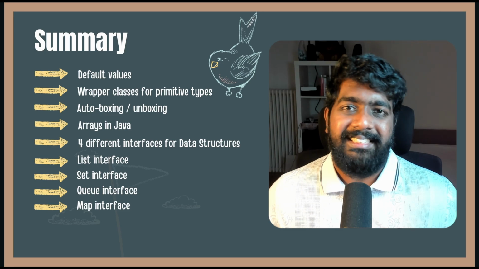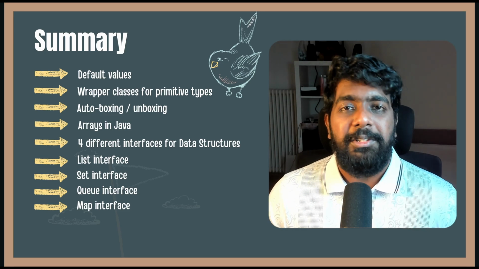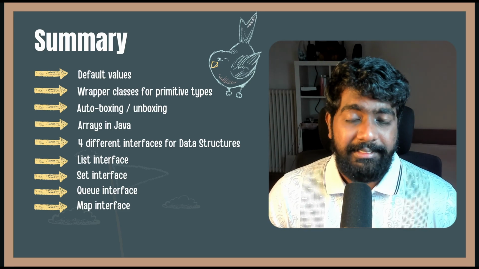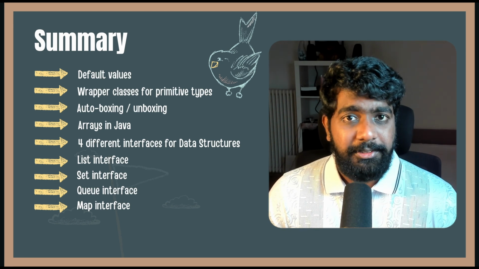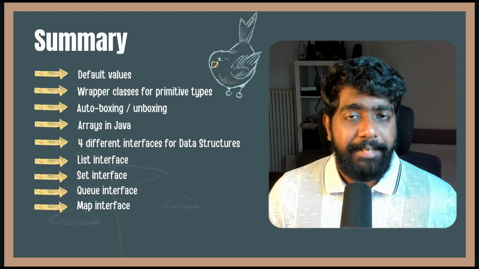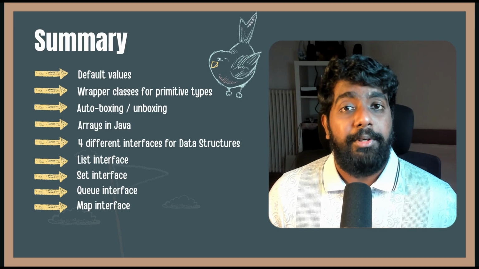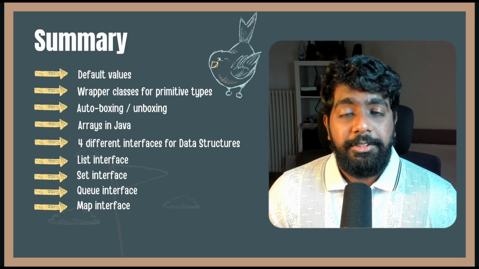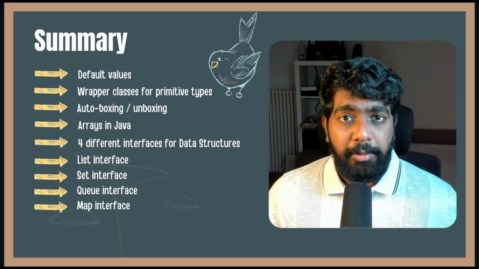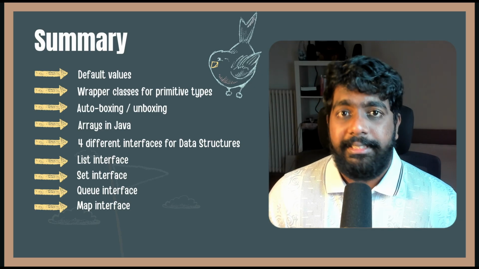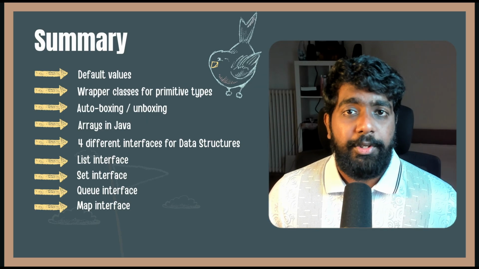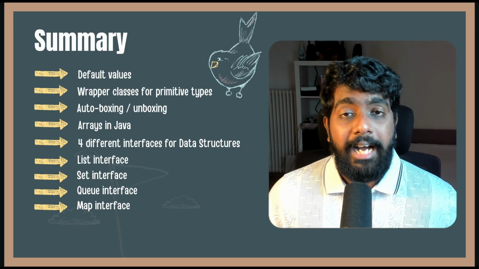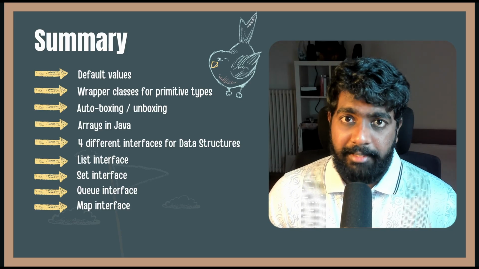Alright, my dear students, since we came to the end of this video, I want to summarize what we have learned together. We started off understanding about the default values. Then we also understood that for every primitive data type in Java, there is a corresponding wrapper class. We also understood how auto boxing and auto unboxing can happen. We also took a moment to understand the concept of arrays and how to create arrays in Java.